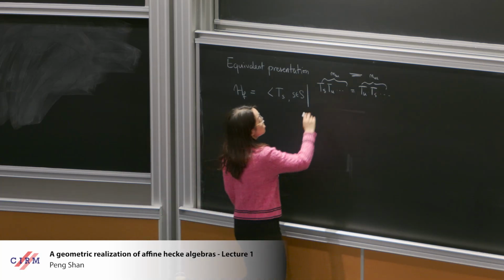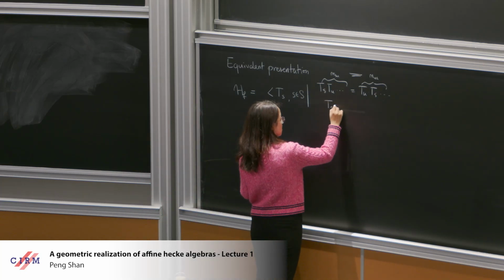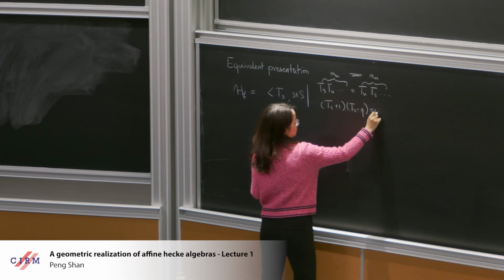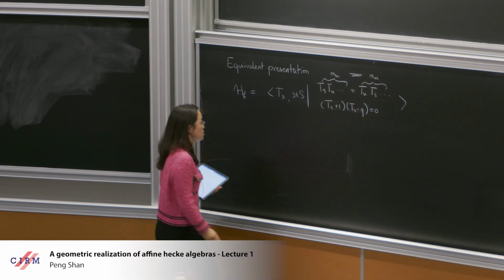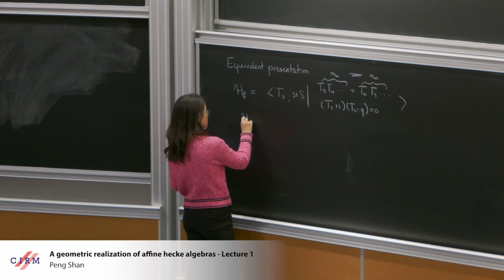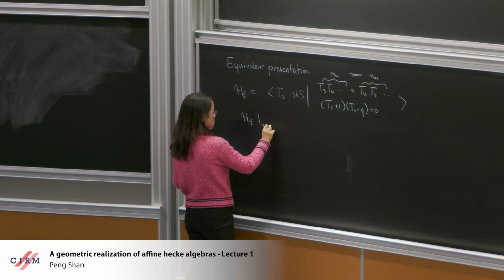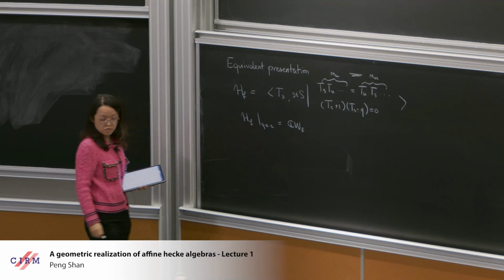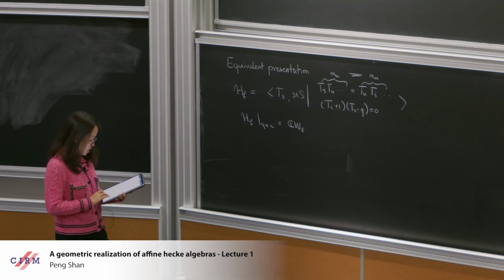Then you deform the relation s squared equals 1 to (T_s + 1)(T_s - q) = 0. Also, if you specialize q equals 1, you just get the group algebra of your Weyl group.